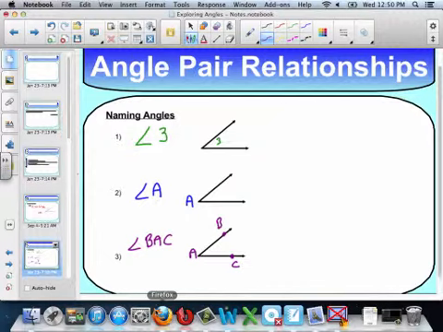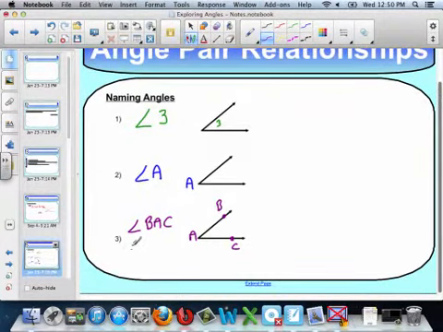And here's why we like doing this. Because now this tells me the direction that I'm going. I'm creating an angle that goes from B to A to C. That's the angle, from B to A to C. Or angle CAB. Is that the same angle?